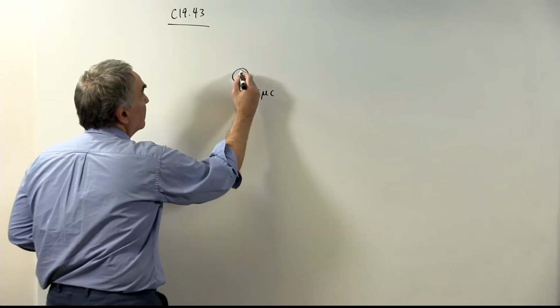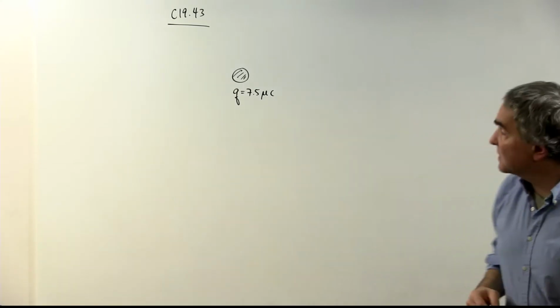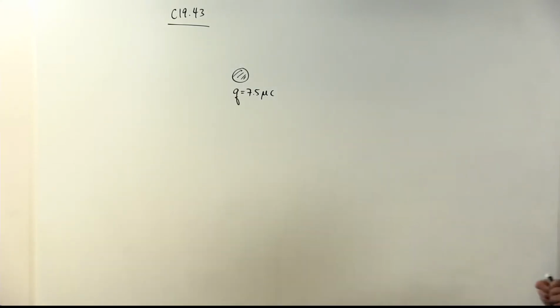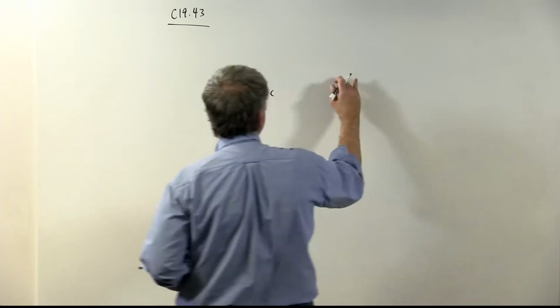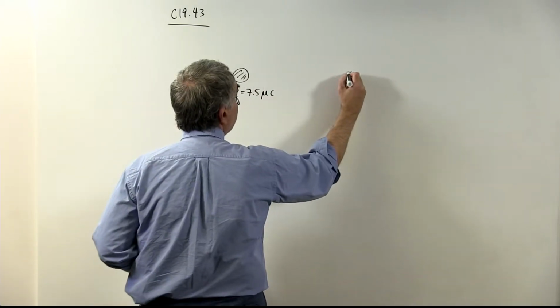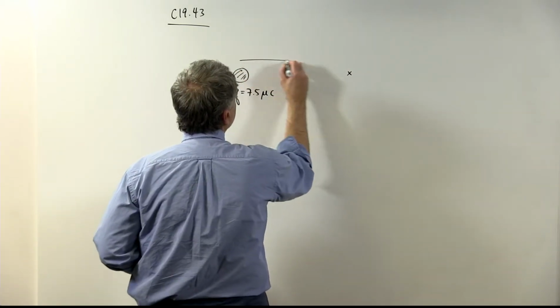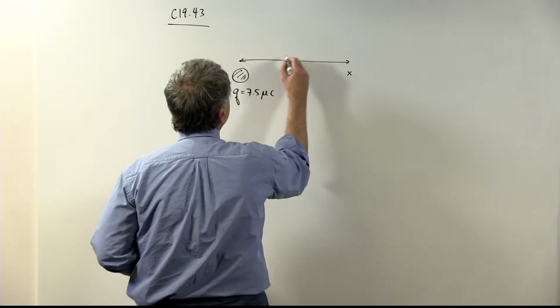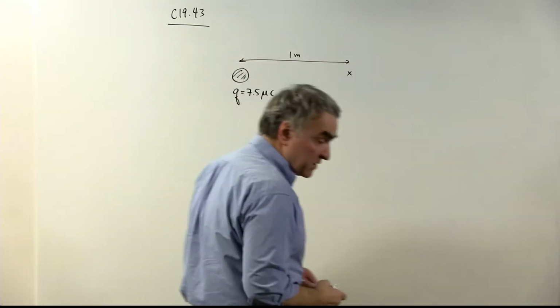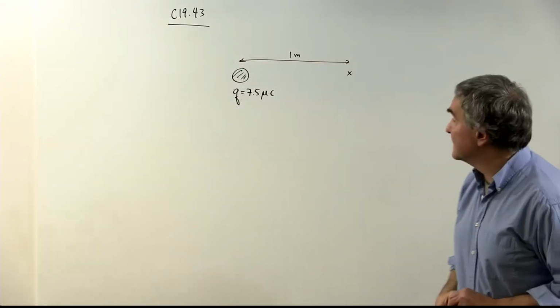There's our charge, and as you know now, that charge will create an electric field everywhere in space. And so let's go and try to calculate that field somewhere in space, namely a distance 1 meter away from the charge that's creating the field.